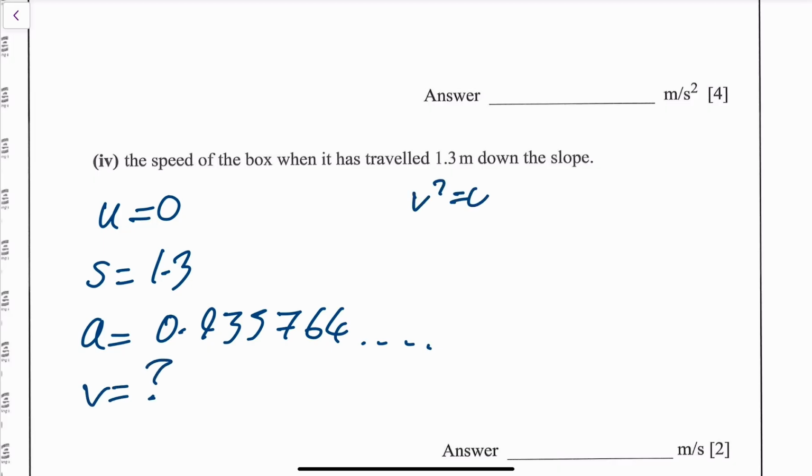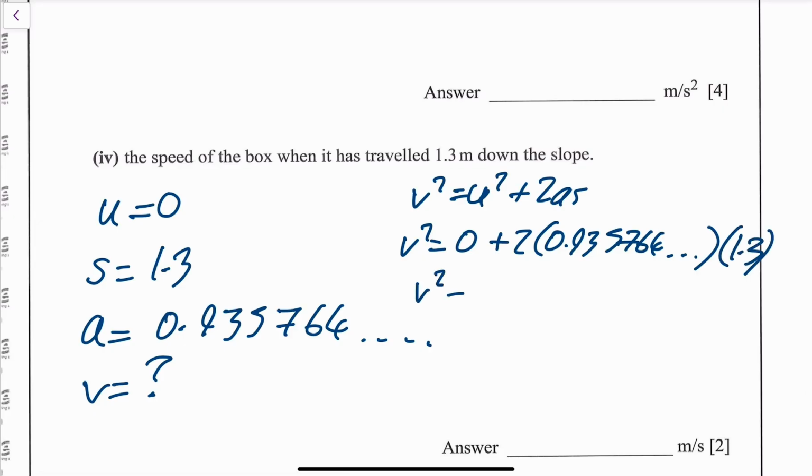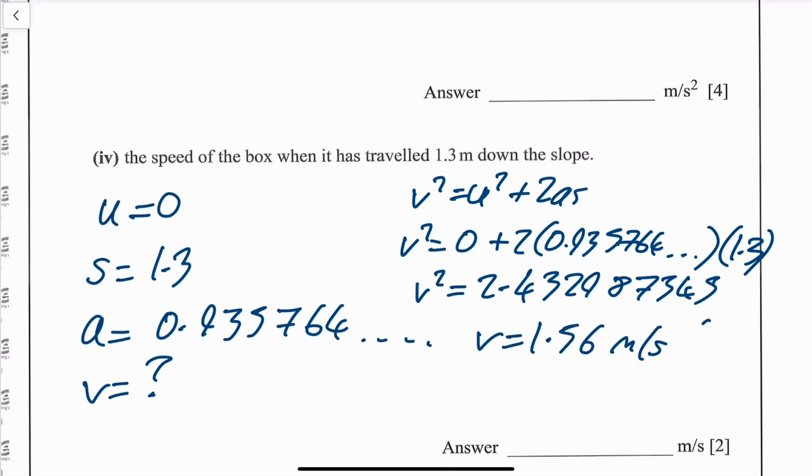So you're going to use v squared equals u squared plus 2as. v squared is equal to 0 plus 2 times my a, which is 0.935764, times my s, which is 1.3. v squared is 2.432987345. Square root that, and I got 1.56 meters per second, again to 2 decimal places.